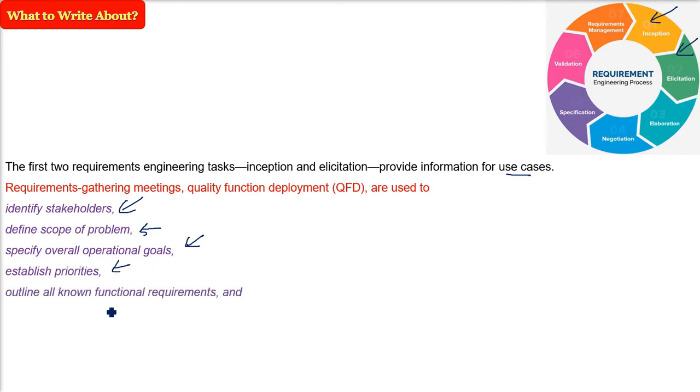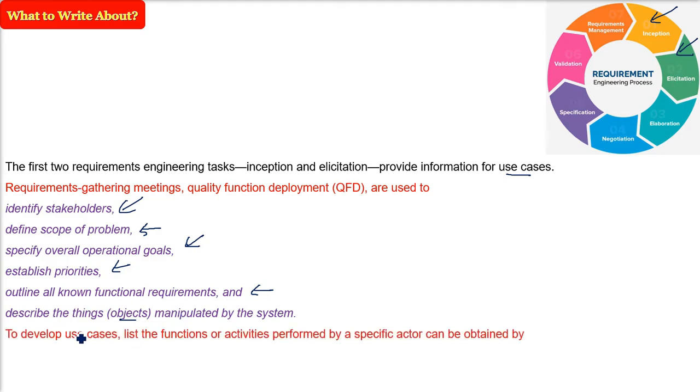And the functional requirements: what tasks are you supposed to get from the completion of this software? And then, because we are talking about object oriented, we talk about objects, the objects that are going to be worked upon and manipulated by the system. Along with these, other things are the information you will get.